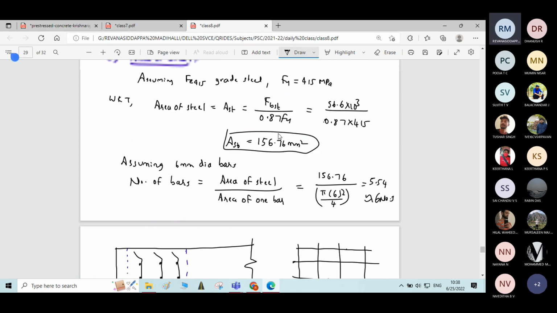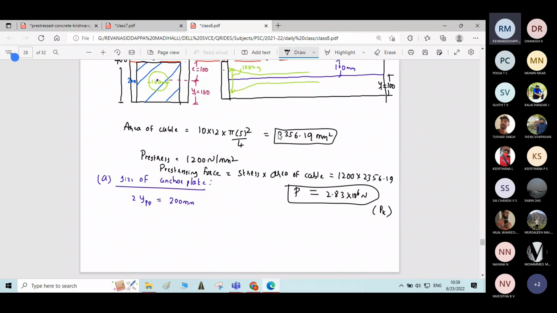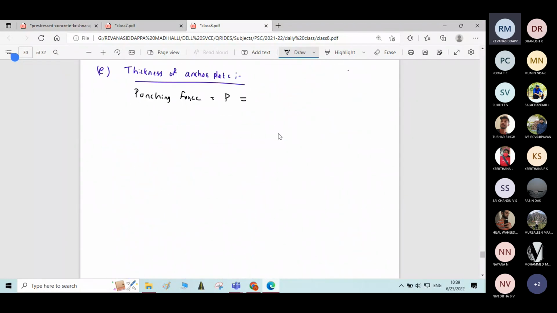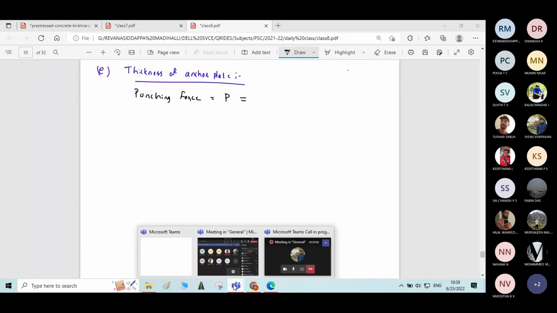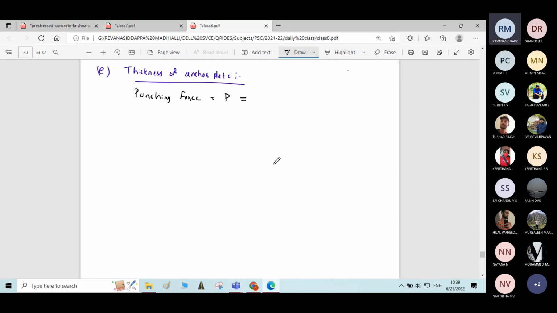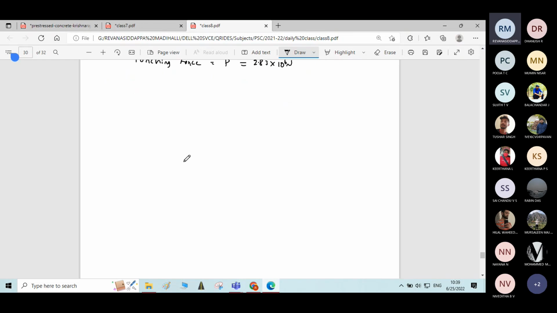How much did we get here? The pre-stressing force is 2.83 into 10 power 6 Newton, which is the punching force. Then the resisting force we can calculate now.